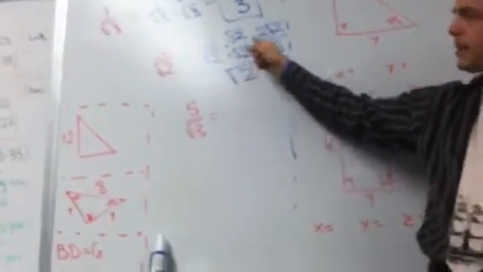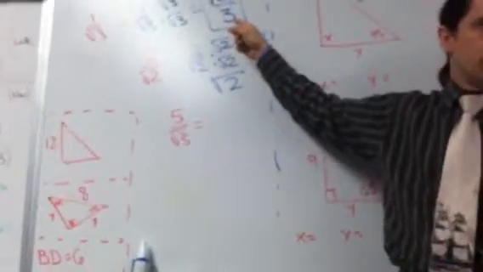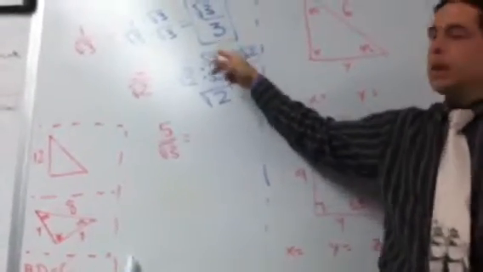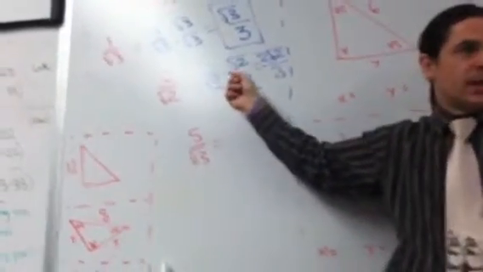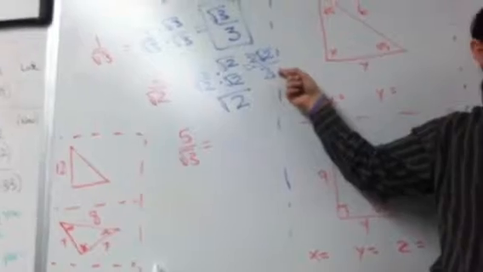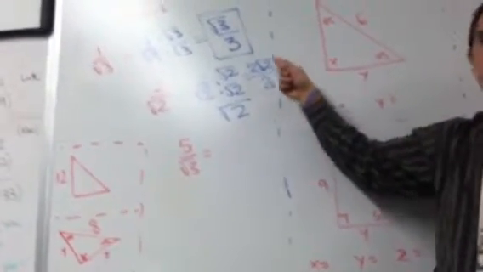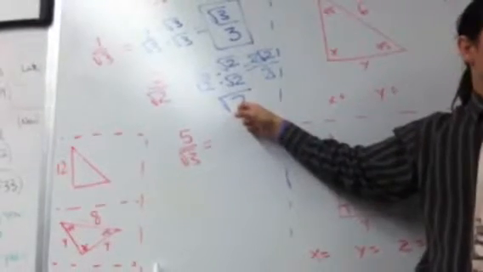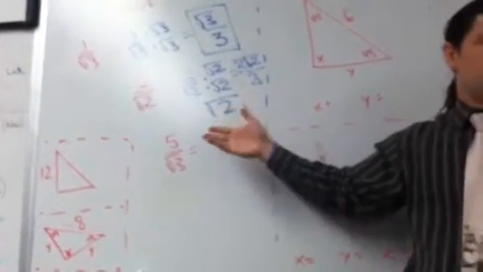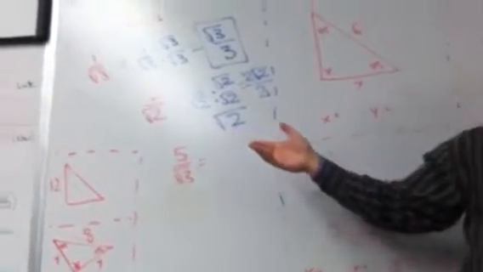I multiplied by the same number to get rid of the denominator, right? That got me 2 square root of 2 on the top, and it got me 2 on the bottom, because anytime you multiply a square root by itself, you get the number that was inside it. Right? And then the 2 on top and the 2 on bottom reduce out, leaving the square root of 2 as your only answer. Is that clear?